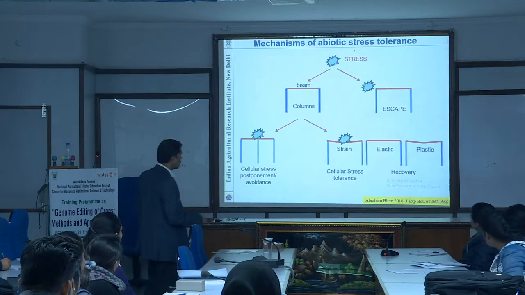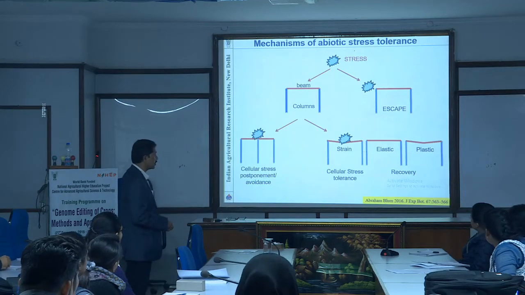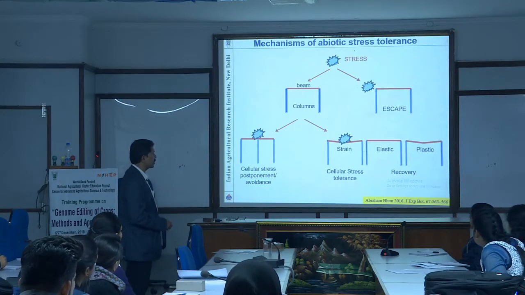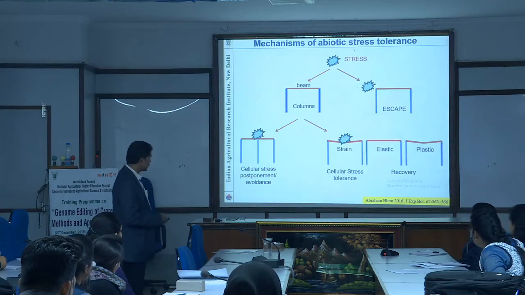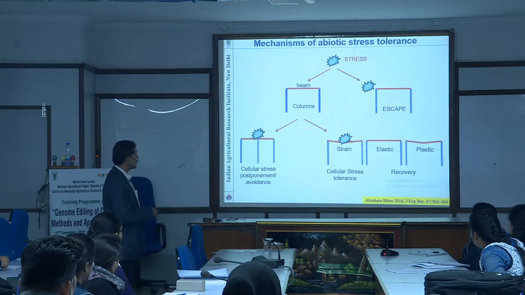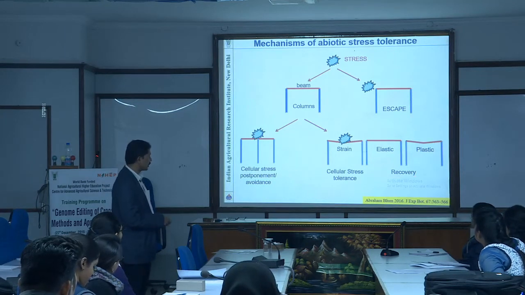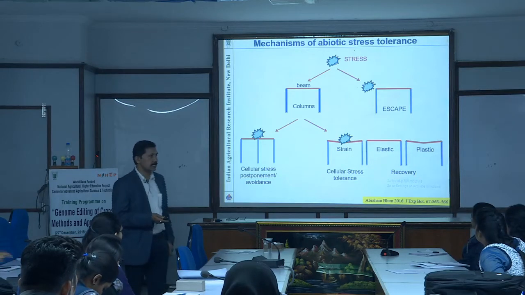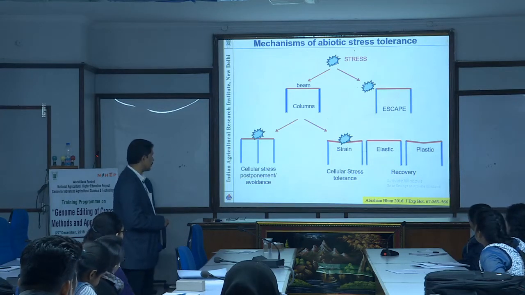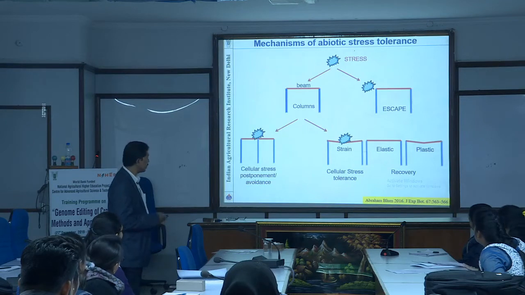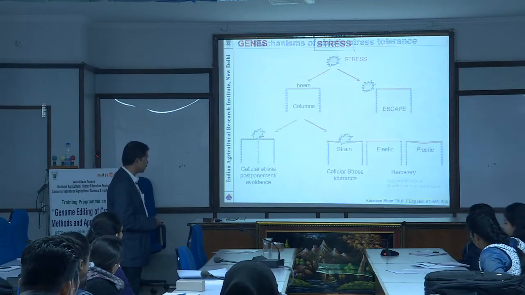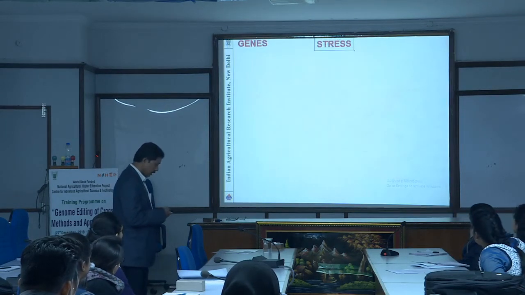So these recovery mechanisms and the cellular stress tolerance mechanisms are very important for improving the stress response. For each of these stresses, you can identify the various mechanisms, put them into these categories, see what kind of mechanism operates in the target population of environments, and based on that you can select genes for genome editing.